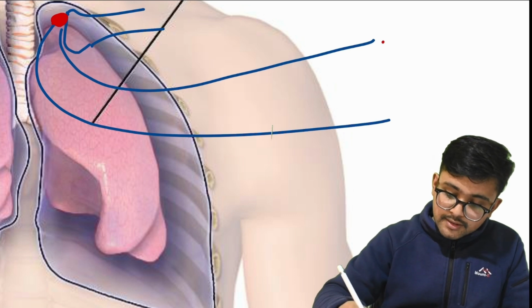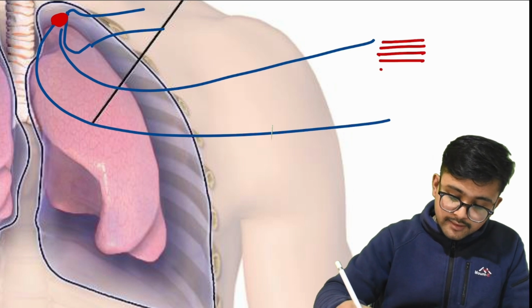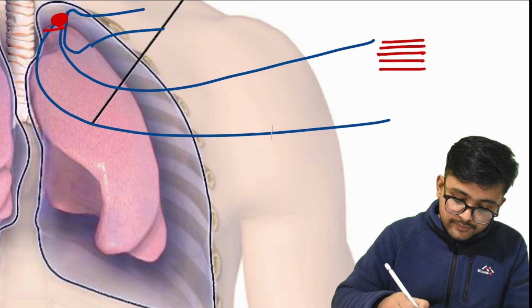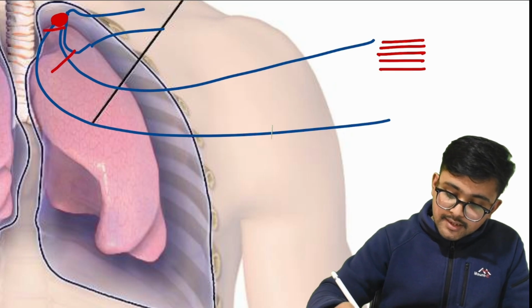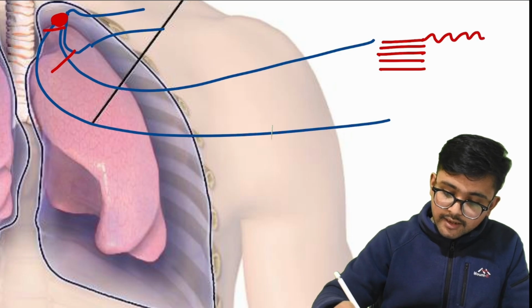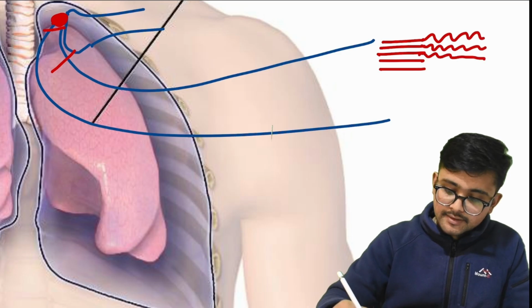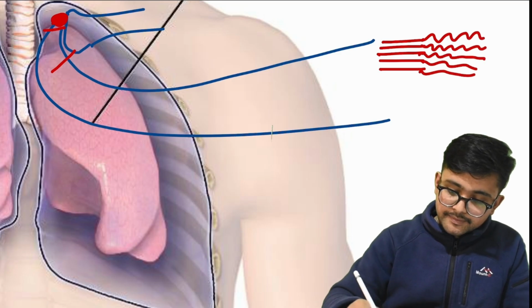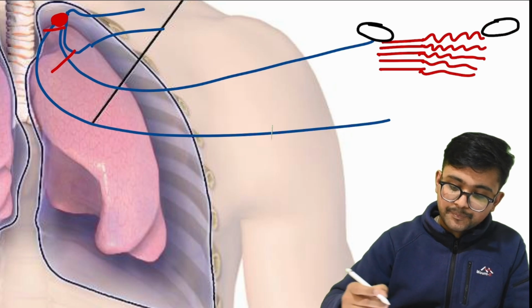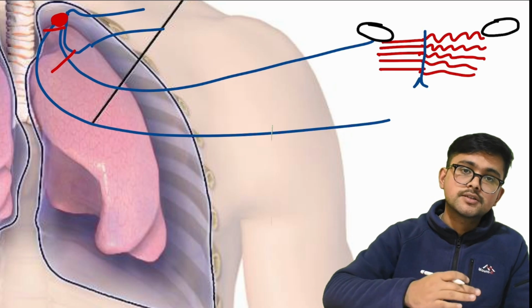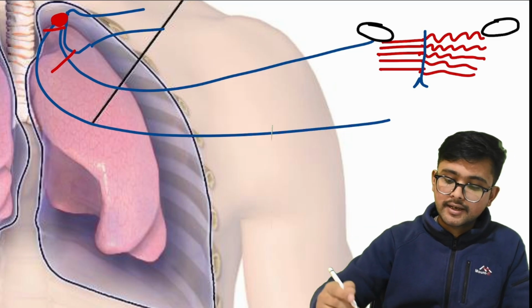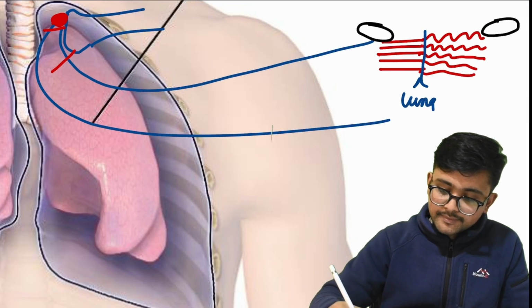So you would see barcode sign, but in the same window there's lung here, so of course there will be pleural sliding there, and in the same window you'll see seesaw sign here, if that makes sense. And this would be between two ribs, one rib shadow, another rib shadow. This particular area where there is transition between barcode and seesaw sign is known as lung point.